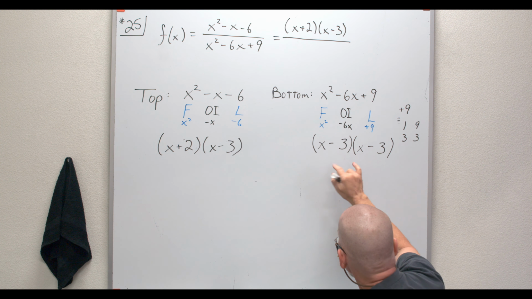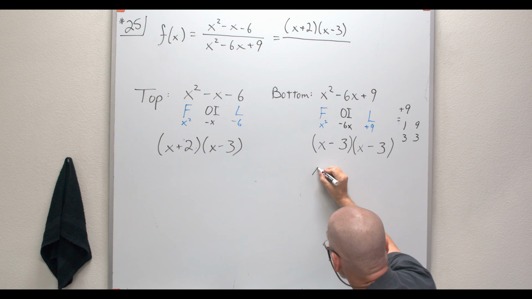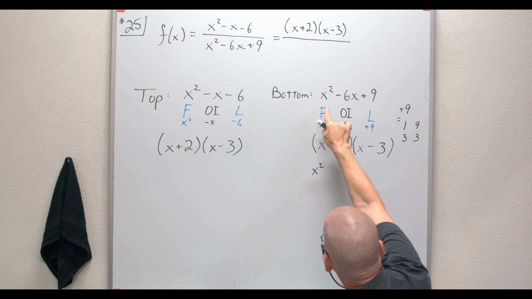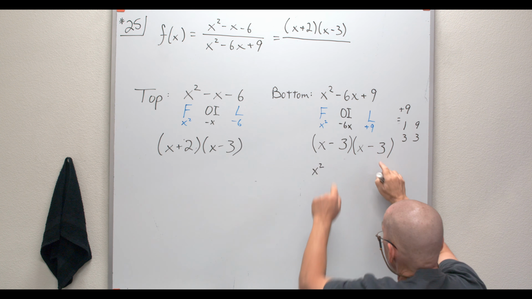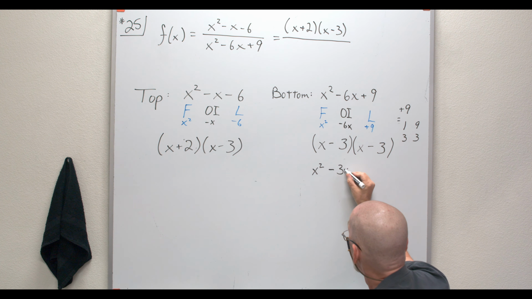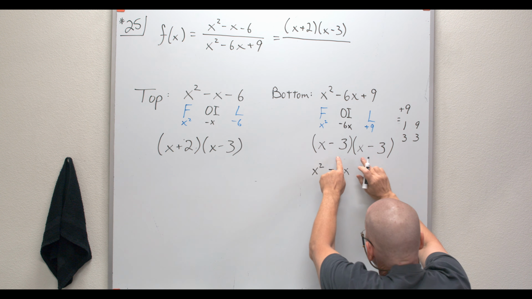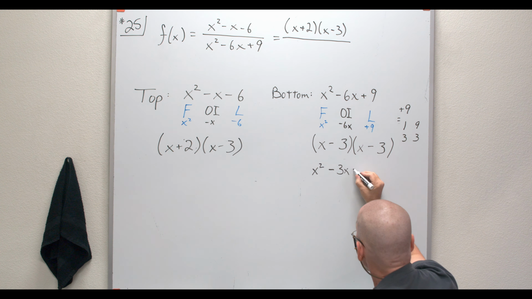All right, so if I try these, first times first is x squared. I know my first times first is going to work to give me that x squared because it's why I chose them. My outers are these, x times negative 3, which is negative 3x. For this shape, the inners are the ones on the inside, so these ones, negative 3 times positive x is negative 3x.